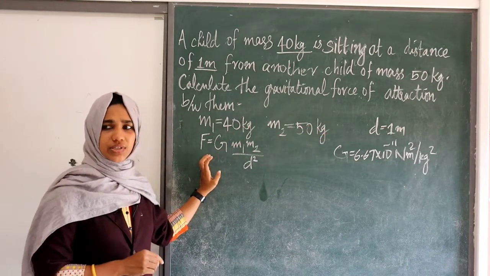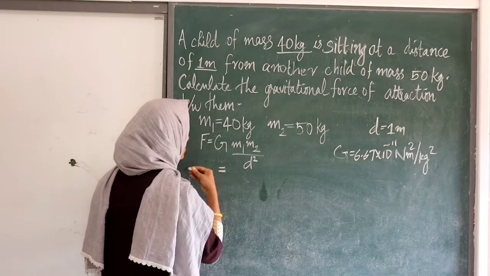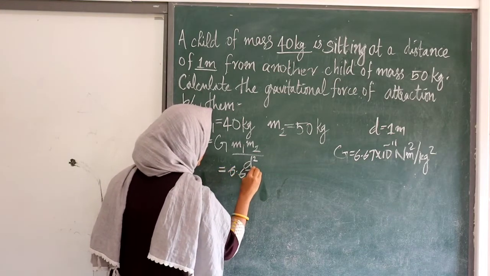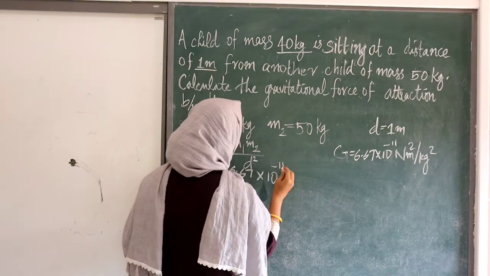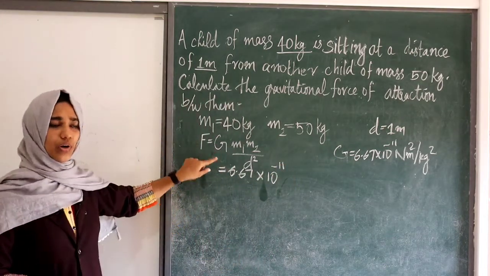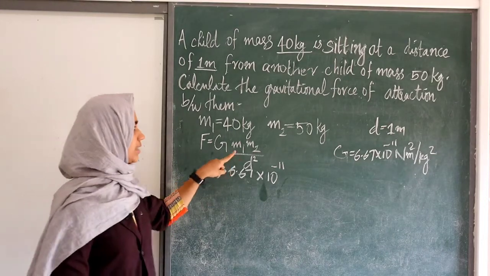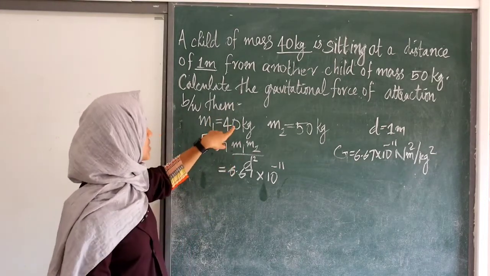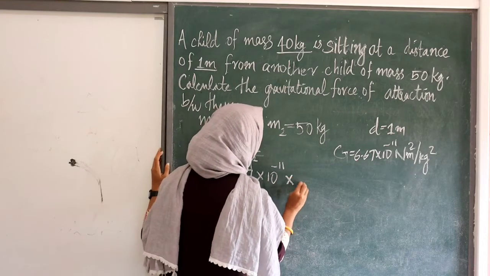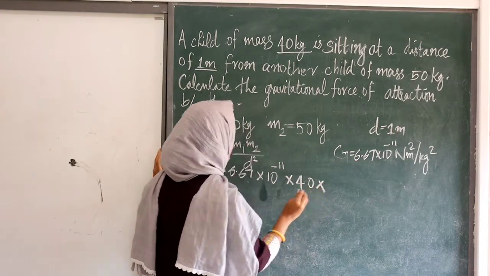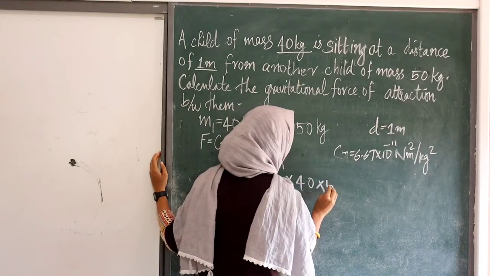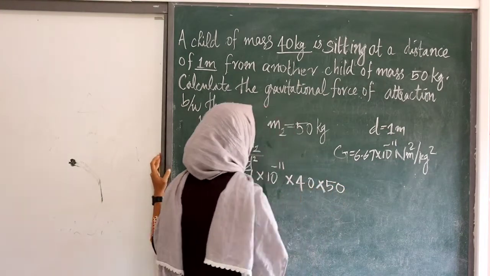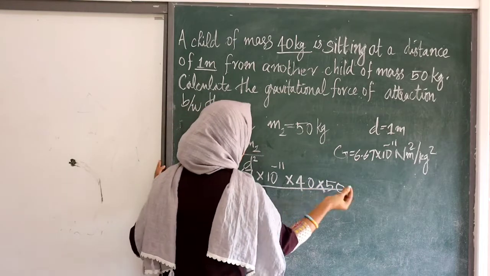Then how will we write? We can write 6.67 into 10 raised to minus 11, that's the value of G. Then the value of m1 is 40 and the value of m2 is 50, then by d square.